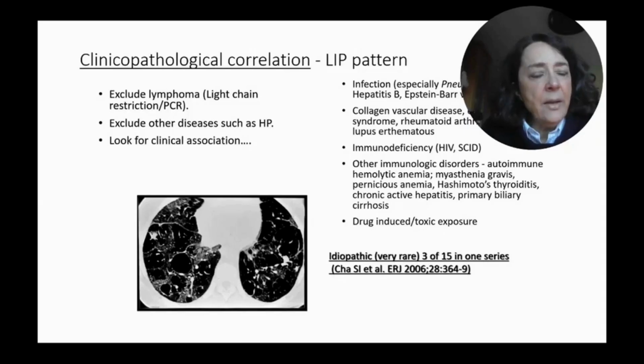But if you see, it can be associated with certain types of infection, very frequently collagen vascular disease, overall Sjogren syndrome, rheumatoid arthritis, lupus, immunodeficiency, all related immunological disorders, and always drug-induced toxic exposure. Drug-related alterations in the lung are always in my background.